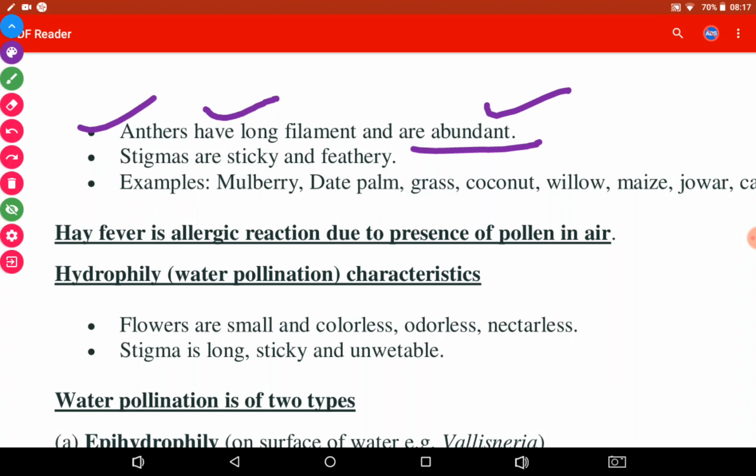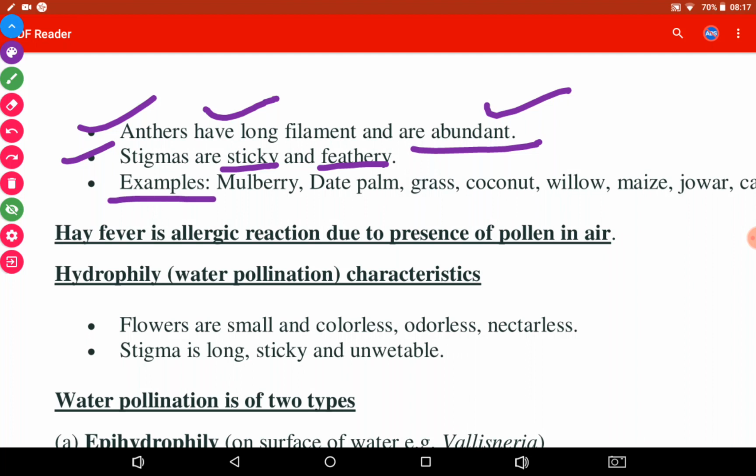The stigma is sticky and feathery. The stigma, the receptive organ which takes part in receiving pollen grains, is sticky so that it can easily catch the pollens, and is feathery so that it is helpful in trapping pollen grains coming by wind.